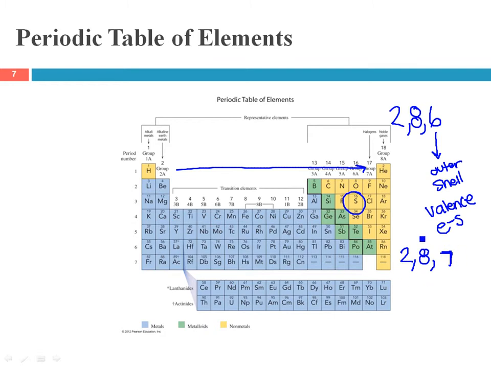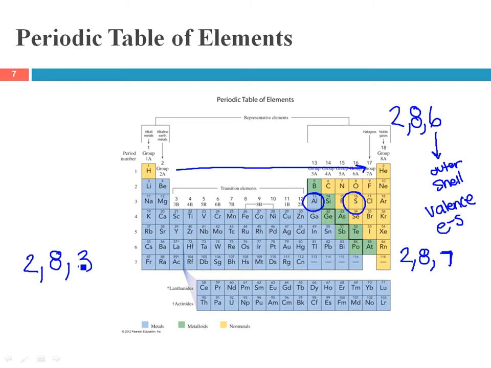I know one of them I said to do was aluminum, I believe. So if we found aluminum here, we've got to have 13 electrons. So we'd have 2 in the first shell, we have 8, move all the way across just like we're reading left to right. And then we'd have 1, 2, 3 in the third energy level. So aluminum would have 3 valence electrons.